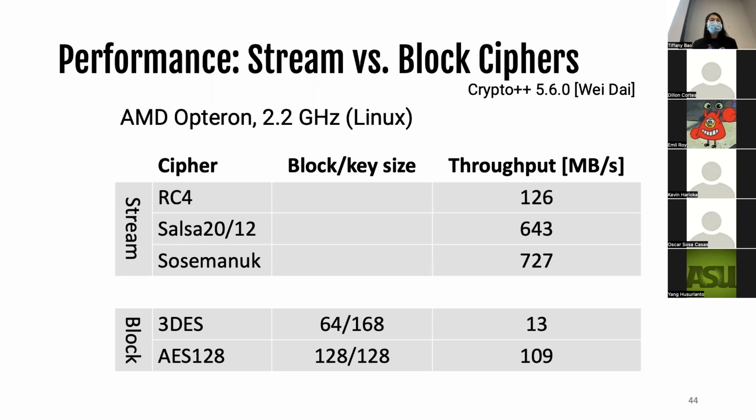And you see here that for RC4 and the other two, these three ciphers are all faster than block ciphers. Especially if you compare the fastest from stream versus the slowest from block ciphers, it is a big difference. So that's the reason why, for some specific scenarios when performance comes first, people may choose a stream cipher over a block cipher.